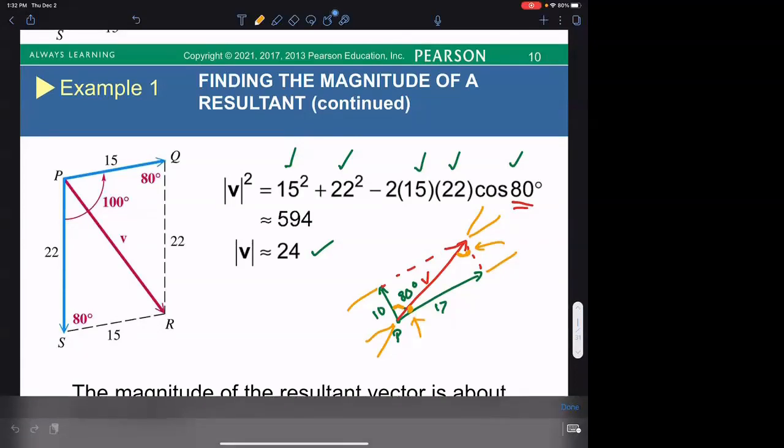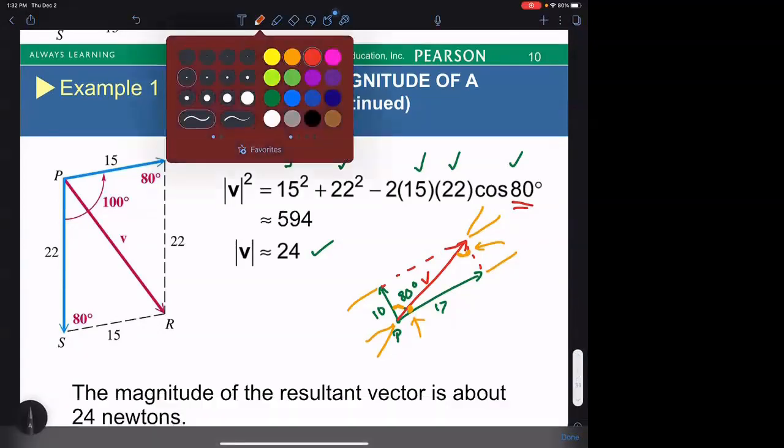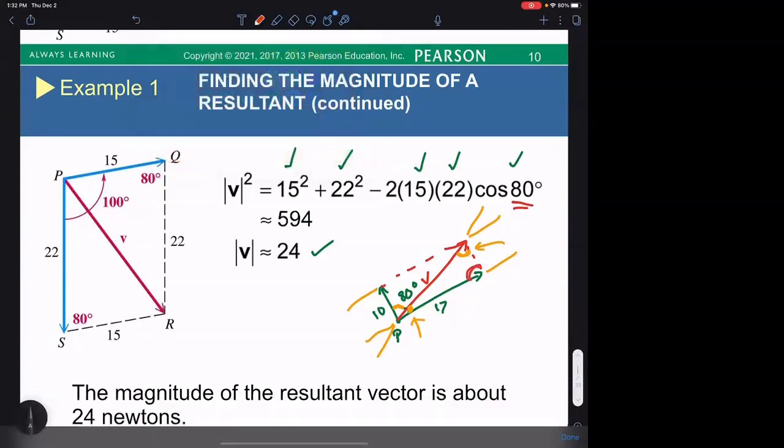The angle down here, which is opposite V, is the one we need to have in the cosine. If the other two angles in the triangle add up to 80, then that one has to be 180 degrees minus 80, which is 100 degrees.